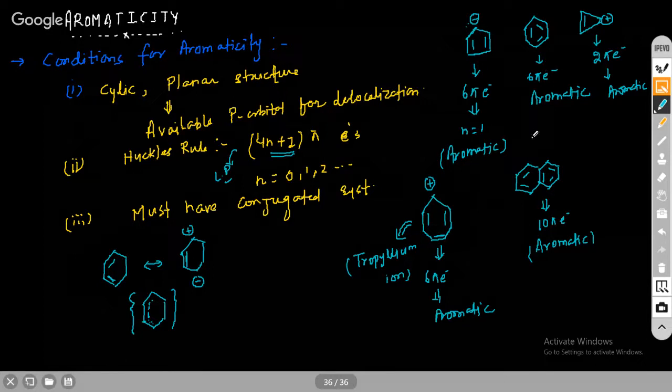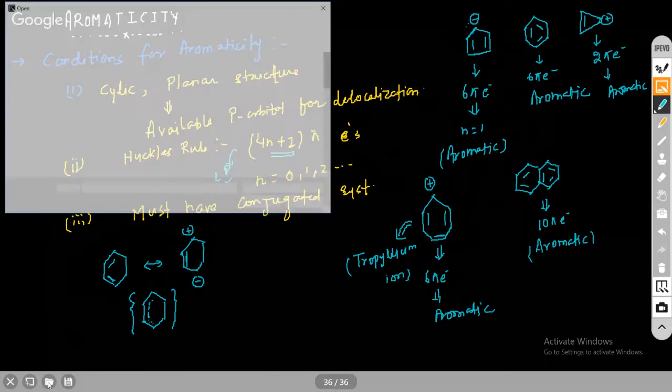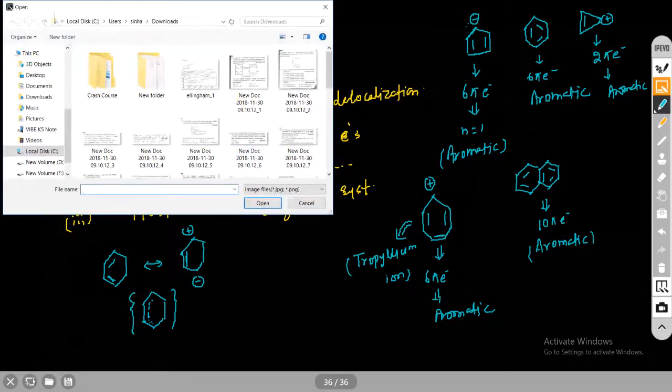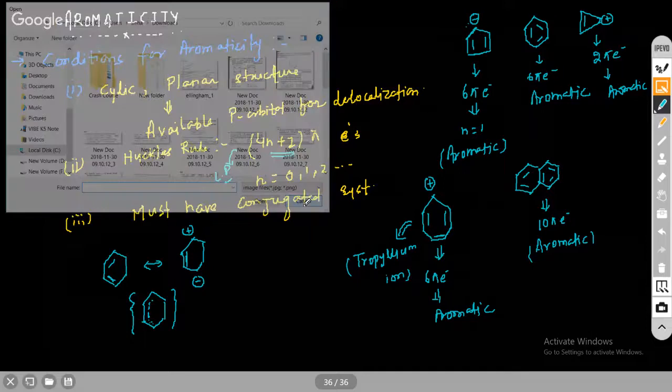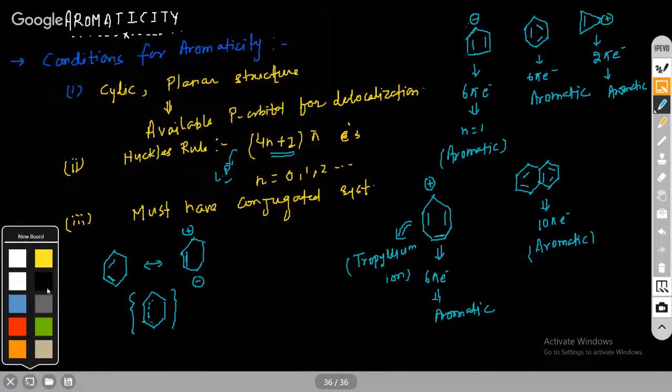Now, one note you write down here. In polycyclic system, the examples that we have done so far are very straightforward.